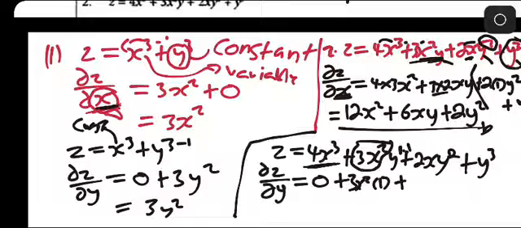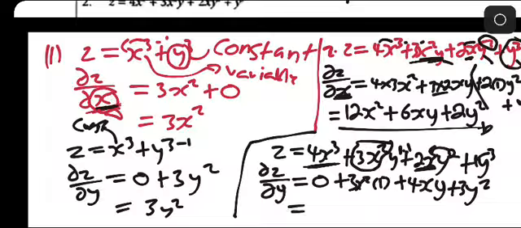Plus, this is simply just a constant, you multiply by 2, the constant will be 2 multiplied by 2, we'll have 4x like this. You drop the exponents, you'll have y minus 1 there. You drop the exponents, it will be 3y, subtract the exponents, it will be 2.